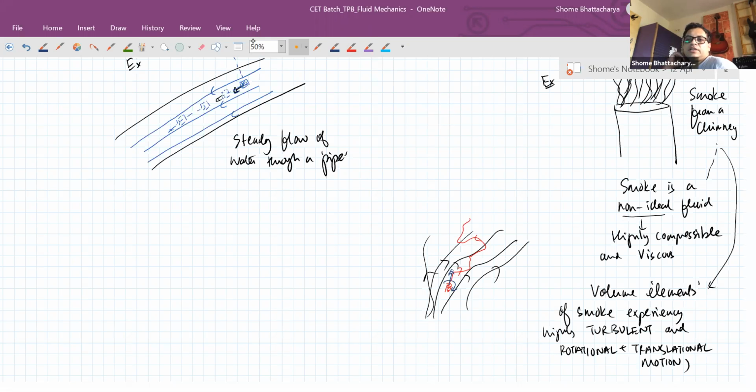Okay, so this is the counter example of a fluid undergoing the completely opposite of what is called streamline motion, because it is highly turbulent and also rotational in character. I mean, rotational plus translational mode.